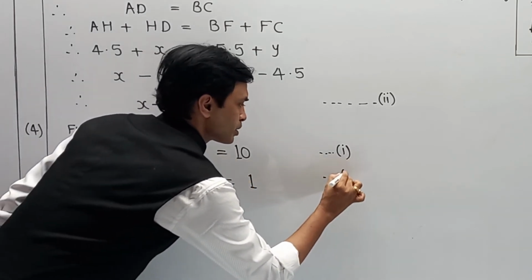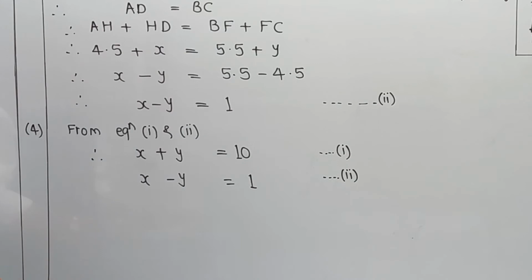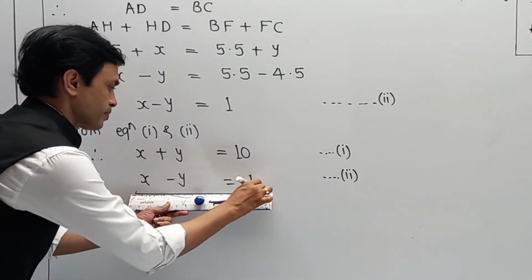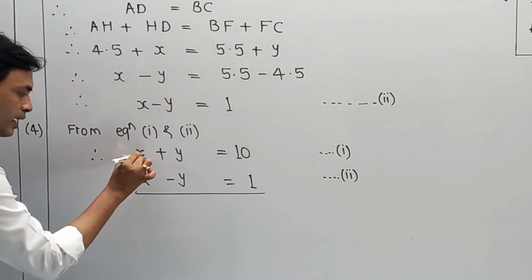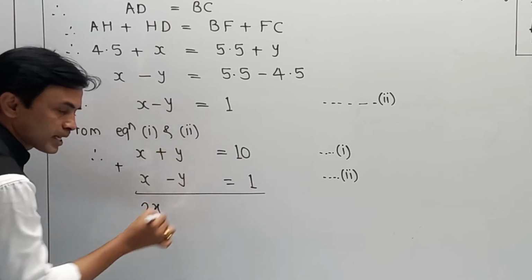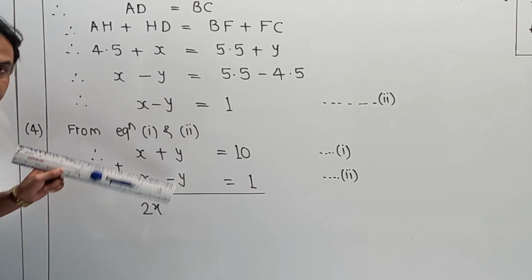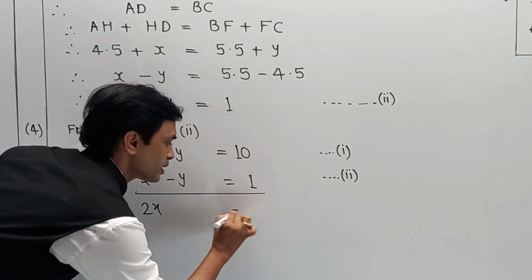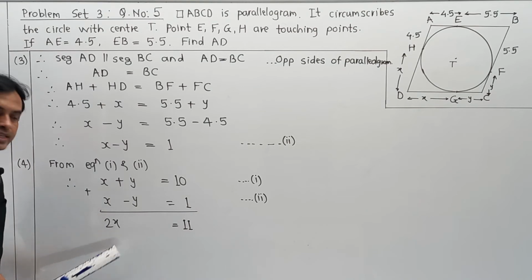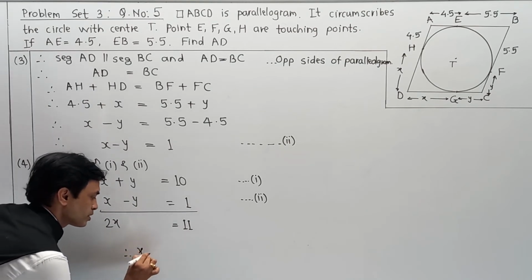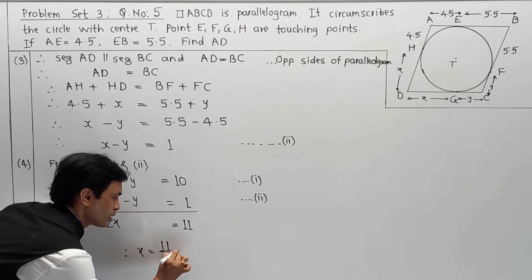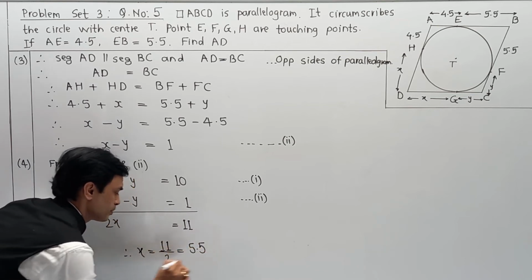Now simply I am going to make mathematical addition of these two equations, and the result will be X plus X, that becomes 2X, plus Y minus Y gets cancelled, and 10 plus 1, that is 11. Therefore value of X is equal to 11 divided by 2, and that answer becomes 5.5.